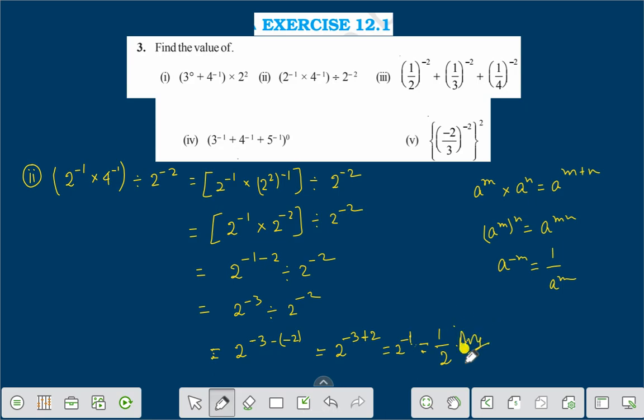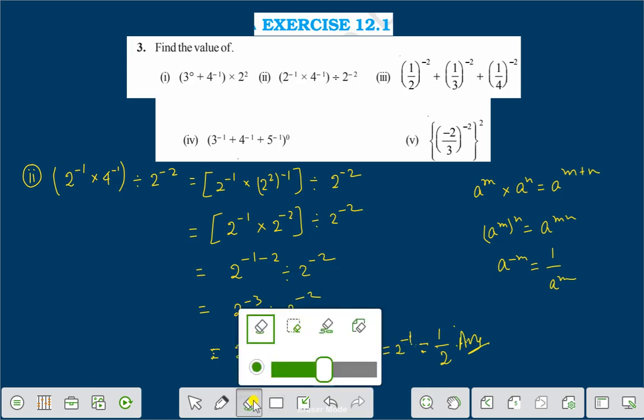Right? Now we solve question number 3. Here you see, this is question number 3. Let us solve now question number 3.